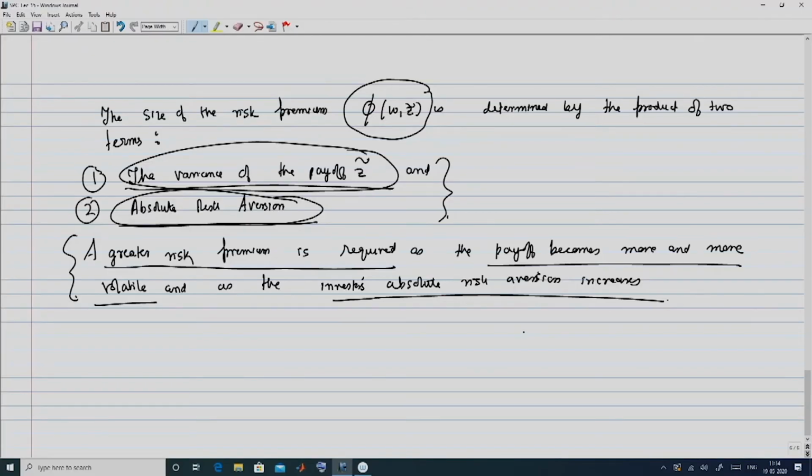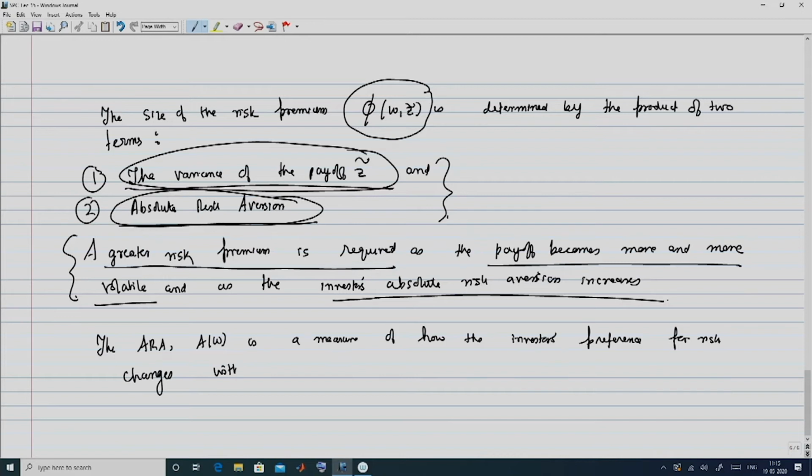So, the increase in risk premium typically can then be attributed to these two factors, which is why we have identified these two factors here. Okay, so the absolute risk aversion A of W is a measure of how the investor's preference for risk changes with a change in the wealth.